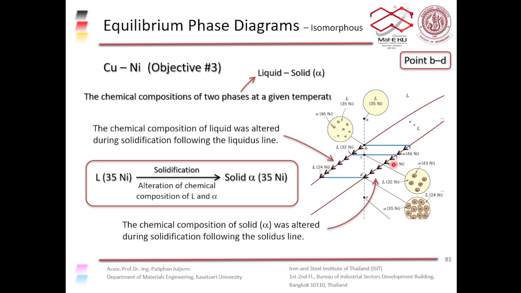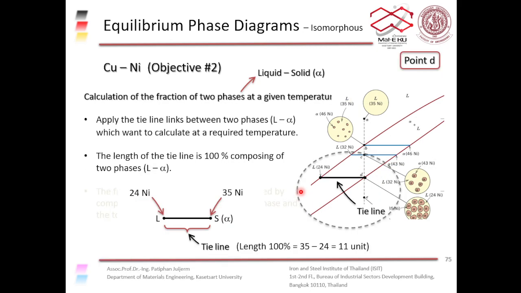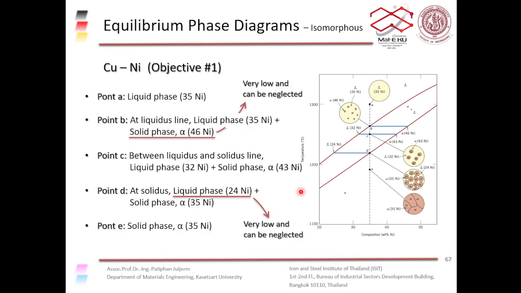Okay, so now we can estimate the amount of each of the phases, and we can also tell the composition of each of the phases, right? By looking at the intersection of the tie line. So from this slide here, when you draw a tie line, you get the intercept of the tie line with the liquidus and the solidus, and the intersection with the liquidus gives you the composition of the liquid, right?